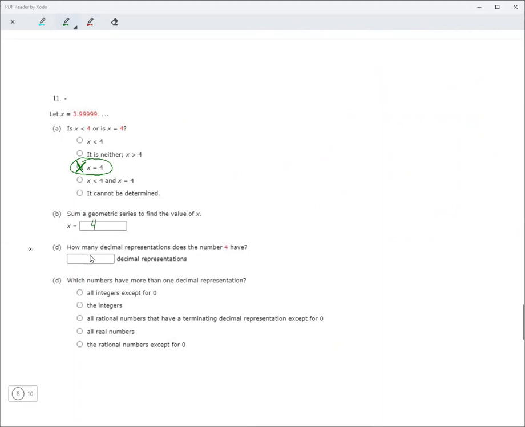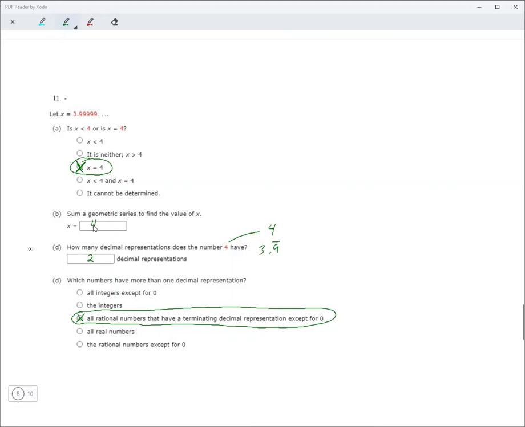That means the number 4 has 2 decimal representations because one of them is 4, and the other one is 3.999 repeating. So that's 2 decimal representations. And here, all rational numbers that have a terminating decimal representation except 0 have more than 1 decimal representation.